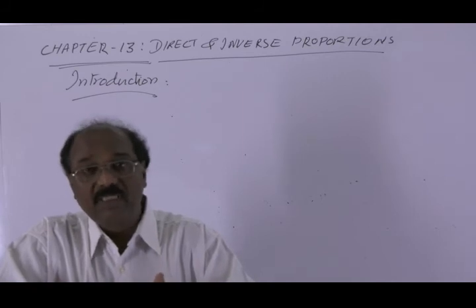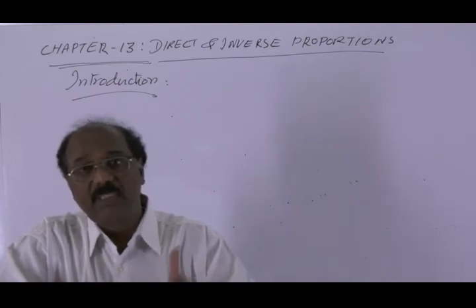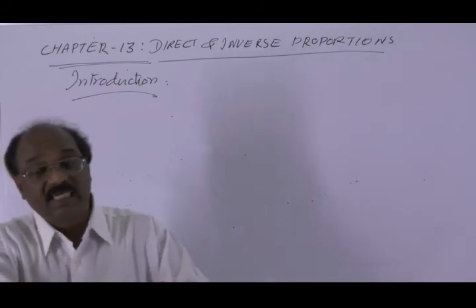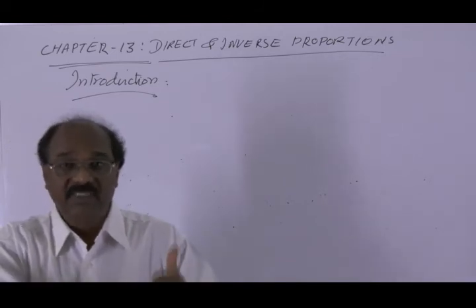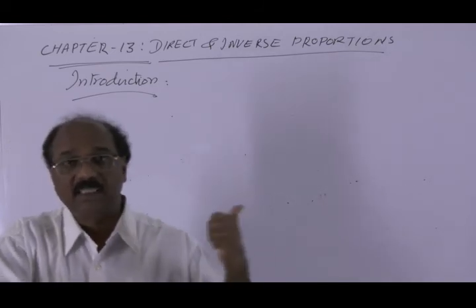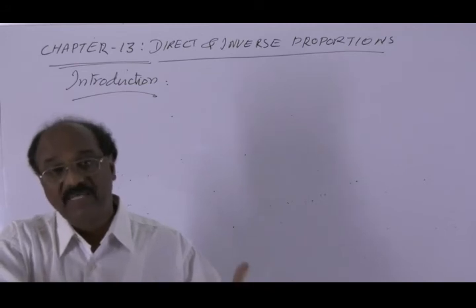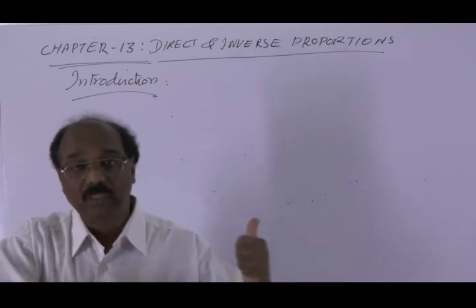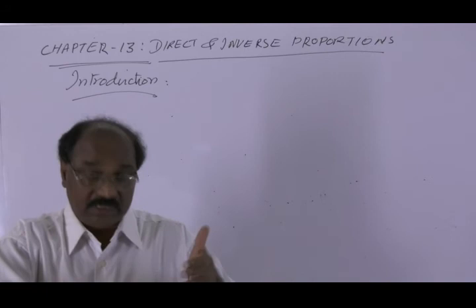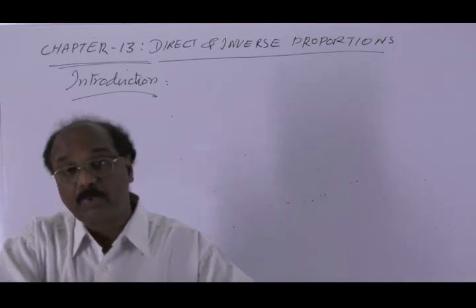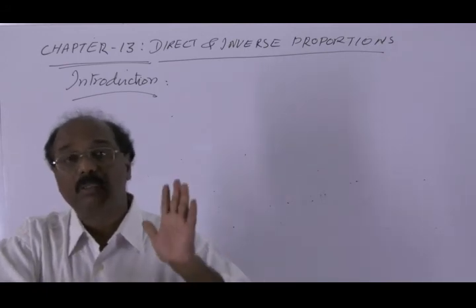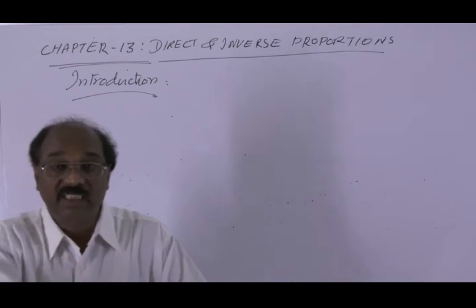If the variation of these two variables satisfies a certain condition, then we say the variation is direct or inverse, or these two variables are in direct proportion or in inverse proportion.